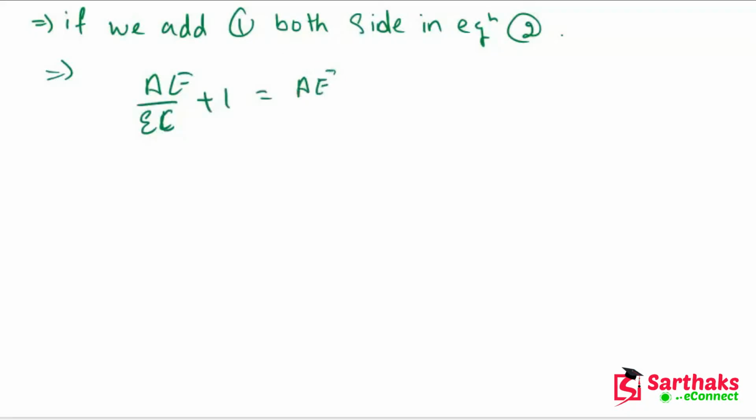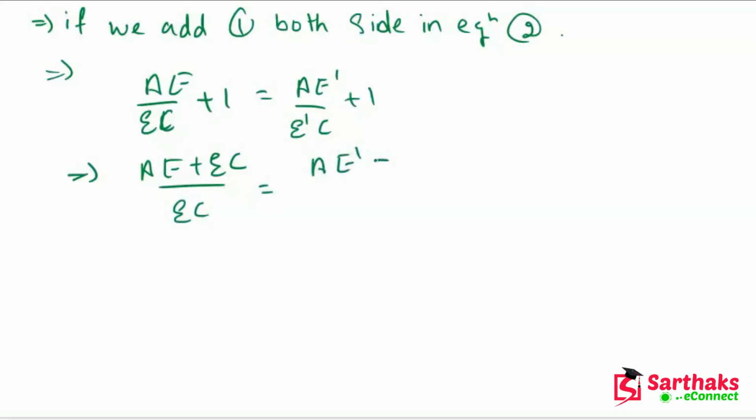So this is the turning point. You have to listen very carefully, my dear friends. Now if we solve it, we get AE plus EC divided by EC is equal to AE dash plus E dash C divided by E dash C.